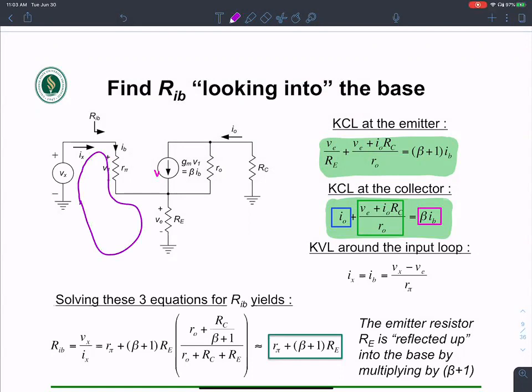Around that loop, so there is this loop, the input side. The input is on the base and the emitter, right? So I'm going to go through all of this loop, because both of these are ground, right? So I'm going to use that as a loop.